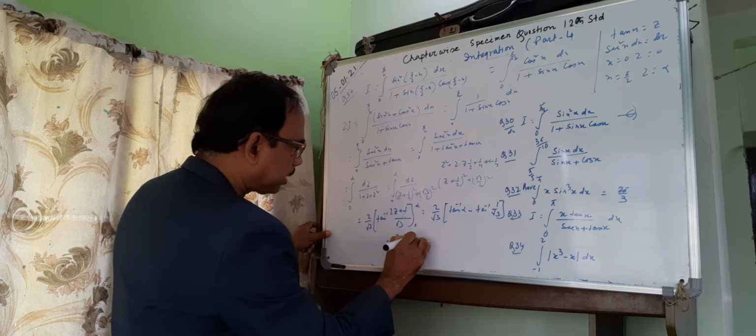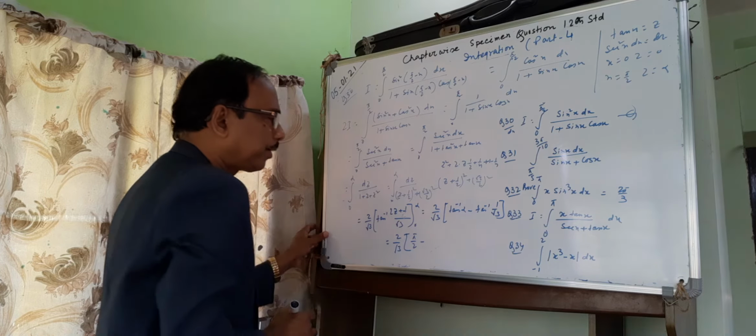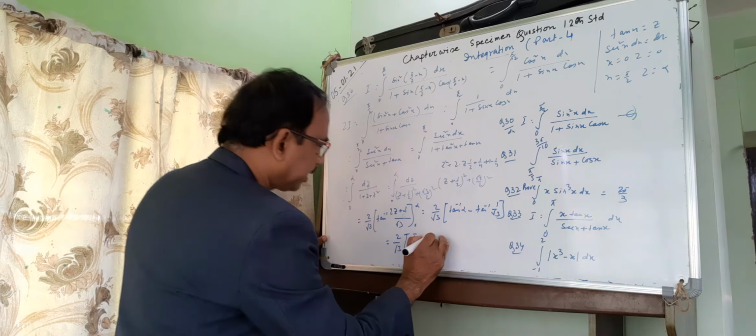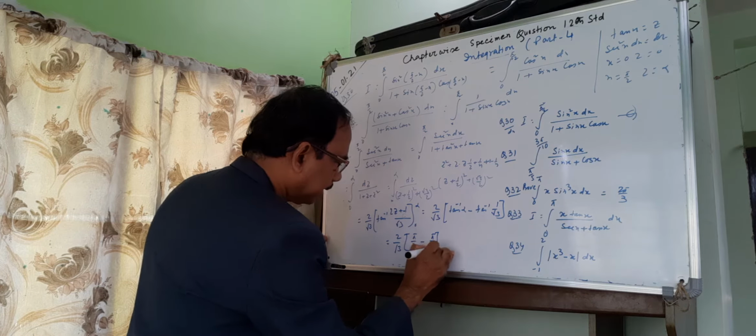Tan inverse infinity means pi by 2, tan inverse 1 by root 3, tan 30, that is pi by 6.